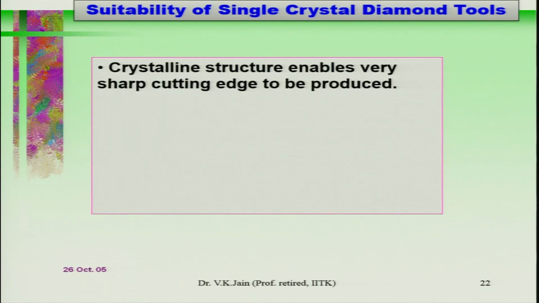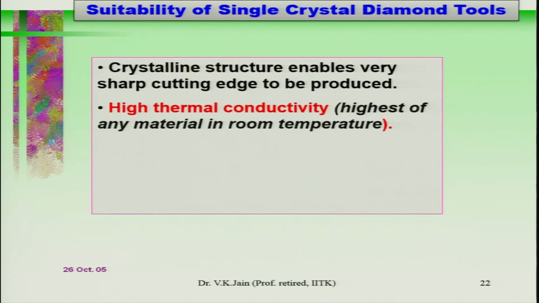Now, suitability of single crystal diamond tools. Crystalline structure enables very sharp cutting edge to be produced. High thermal conductivity, diamond has very high thermal conductivity. It is claimed it has the highest of any material at room temperature.